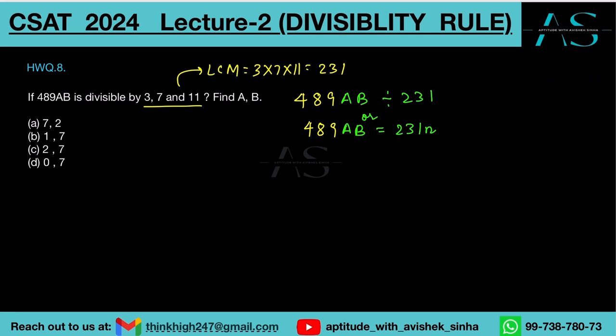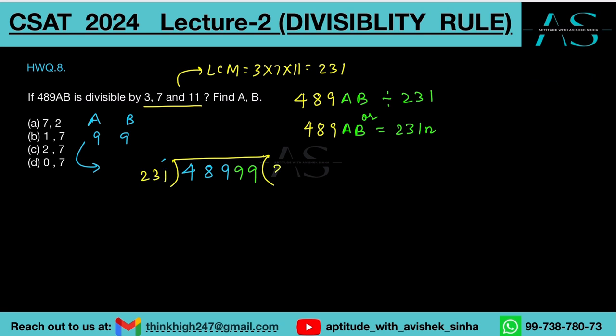So what we do, we start with our basic assumption by putting A and B as 9. So put these two as 9 and let's see what is the value that we get. Putting these two as 9, we get the number as 48999. Now let's divide this by 231.